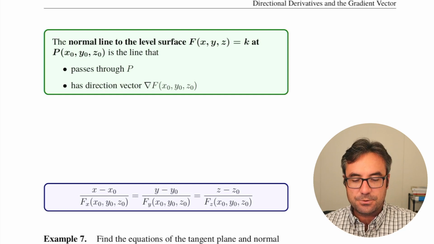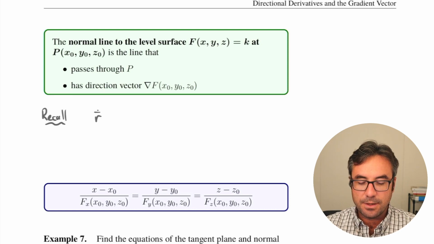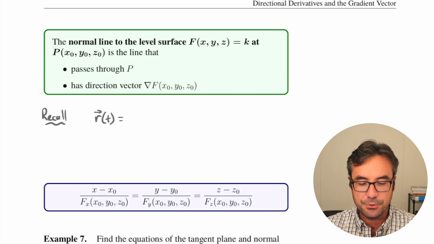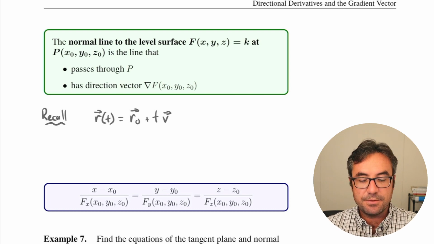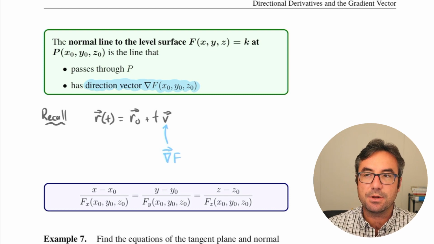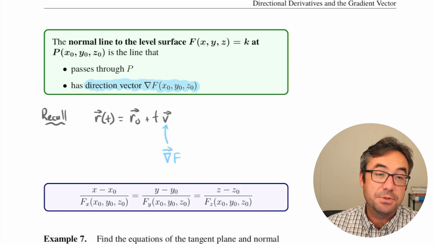And if we remember, let's recall, what is the formula for a line? Well, the parametric formula for a line is r of t equal to the position vector of our point plus t times the direction vector. And now we're saying the direction vector here is actually given by the gradient, so this is the gradient of our function capital F. And r0 is still just the position vector of our point.